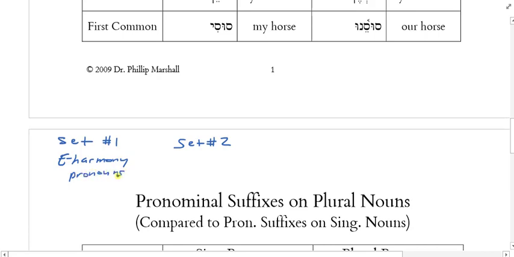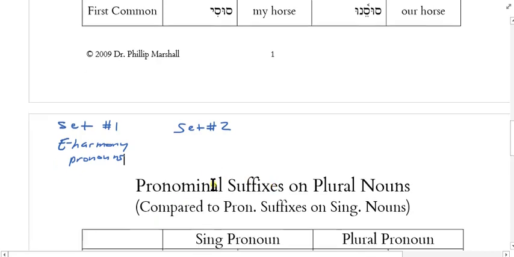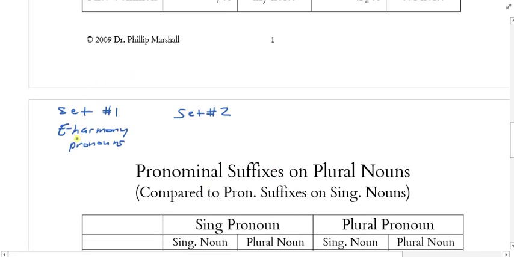Now, if you've been around long enough, you know that eHarmony was the first blockbuster dating website for how to match couples up, okay? If you were a single guy or a single gal, you wanted to find a mate or a partner, you'd go to eHarmony and sign up for an account. eHarmony pronouns are pronouns that attach to singular nouns.